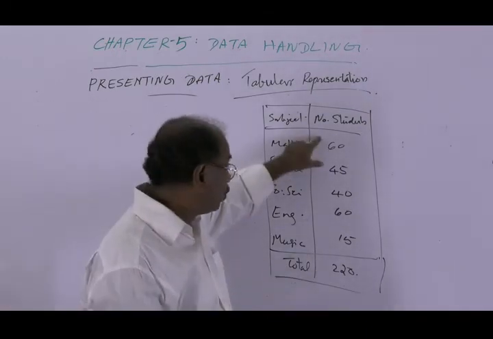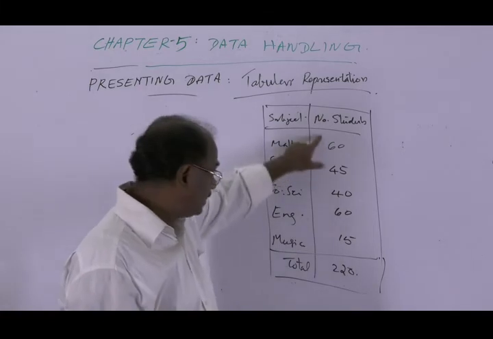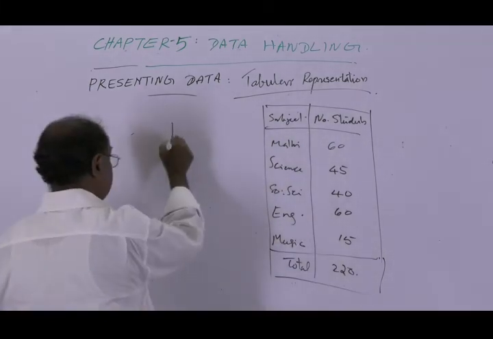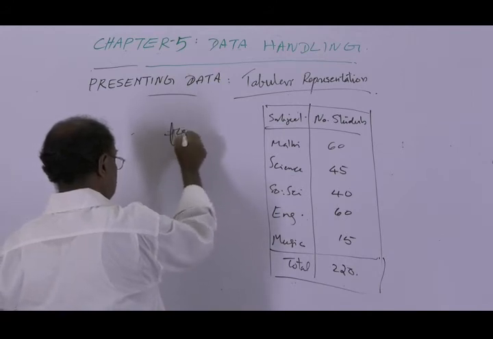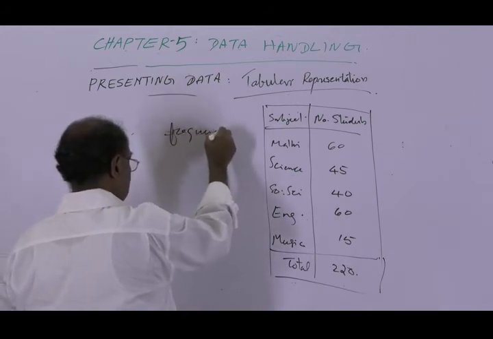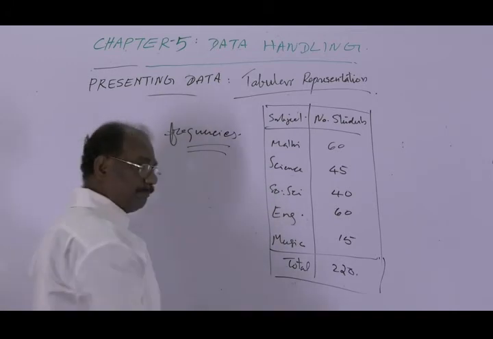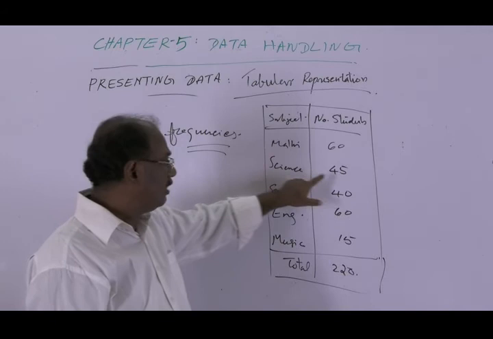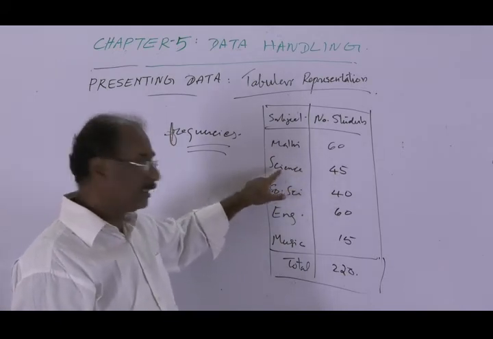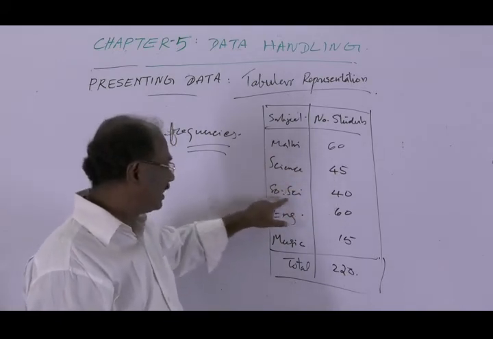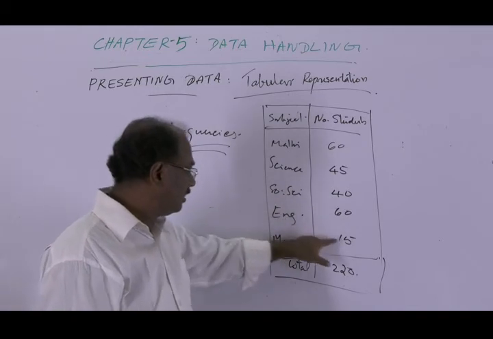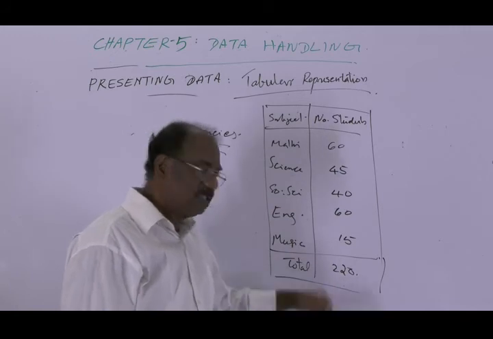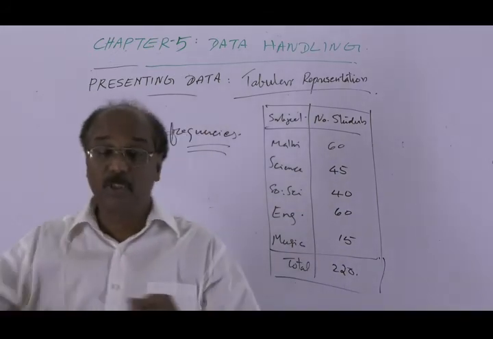These numbers of students are all called the frequencies. 60 is the frequency of mathematics, 45 frequency of science, 40 frequency of social science, 60 frequency of English, 15 frequency of music. Total frequency is the total number of students, 220.